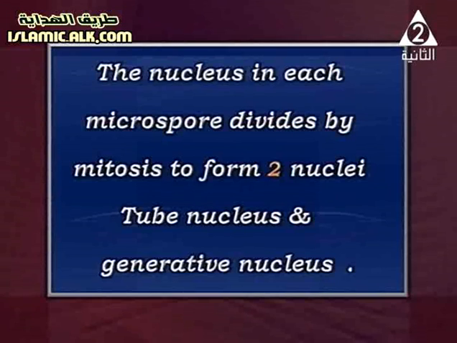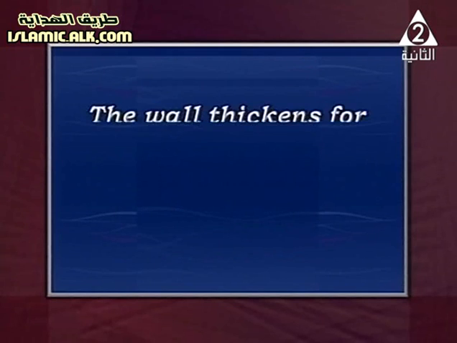One of them is called the tube nucleus, which causes degeneration and forms a tunnel to reach the micropyle. The generative nucleus is responsible for fertilization, to fuse with the female reproductive organ, the ovum in the ovule.